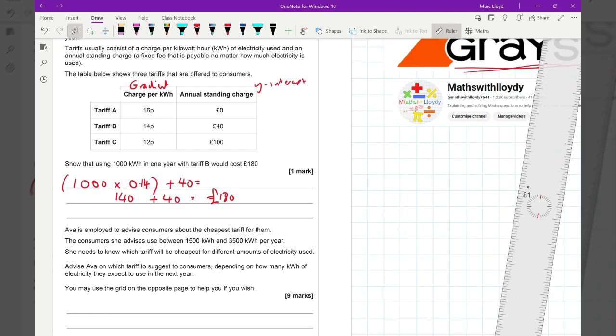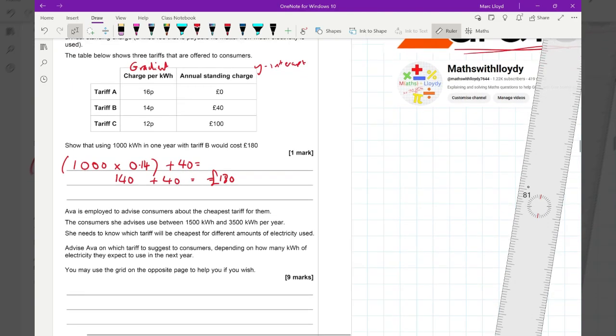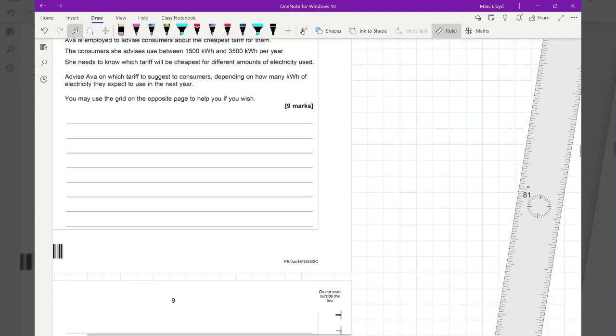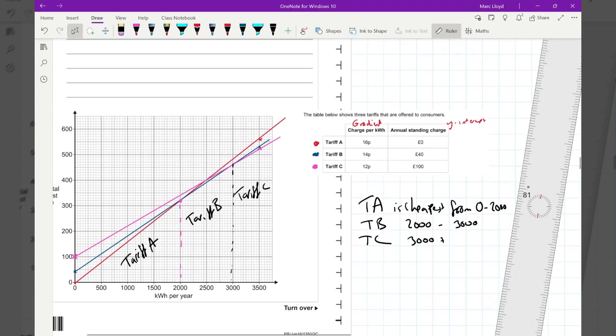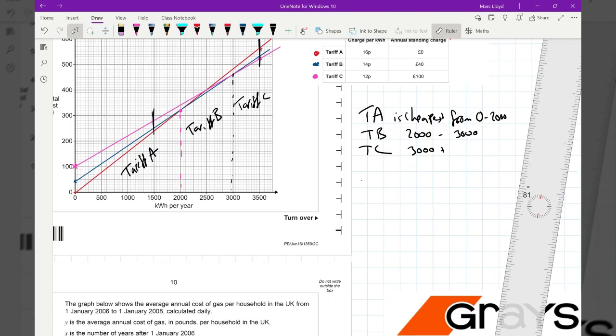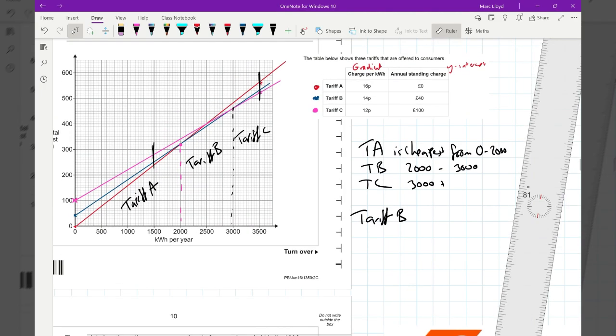Advise which tariff to suggest to consumers depending on how many kilowatt hours. So it's a tough one. Because she's going to be using between that and that. I would suggest tariff B. And my reason for this, and I've not actually looked at the mark scheme, I've got all the values.